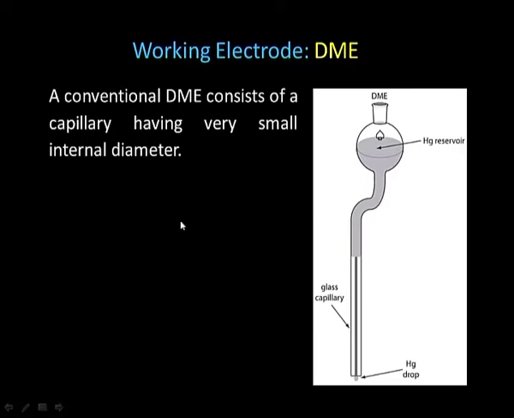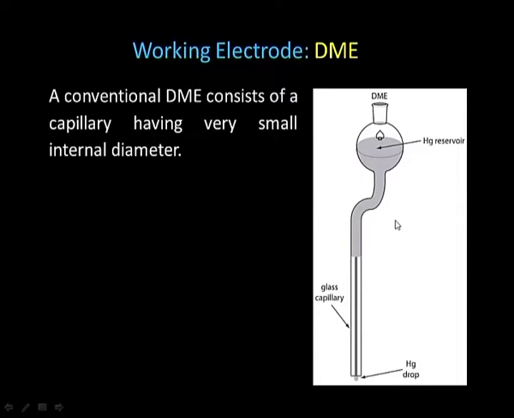Here you can see a conventional DME, that is dropping mercury electrode, consists of a capillary having a very small internal diameter. As you can see here, when you connect it through a PVC tube with the help of a mercury pool, the mercury flows under gravitational force through the capillary and small drops fall from the surface of this capillary.